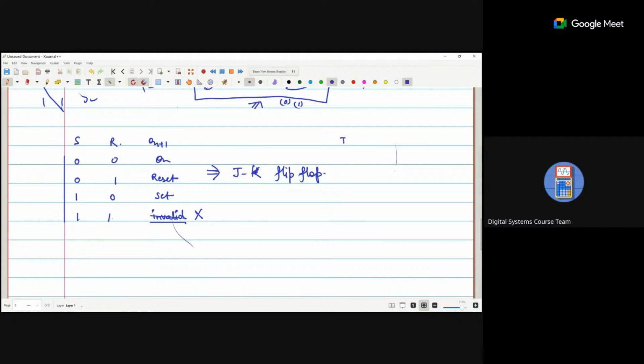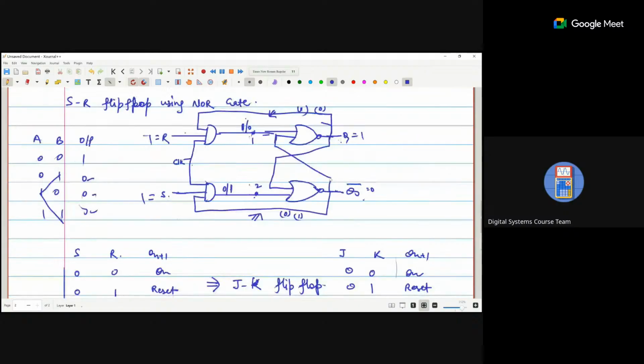So what is the truth table of the JK flip-flop? 0 0 gives Qn, 0 1 gives reset, 1 0 gives set, but for 1 1 what are we getting? So we assume that Q is 0.